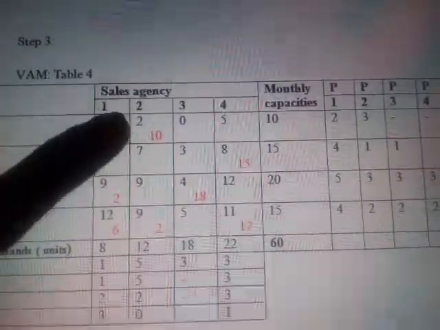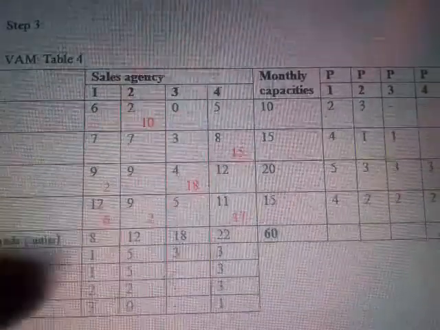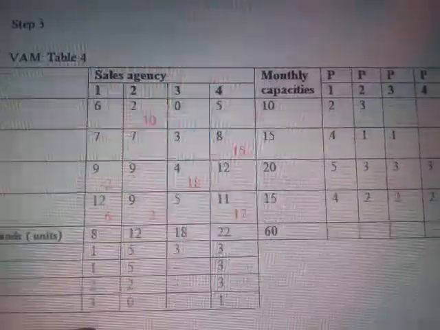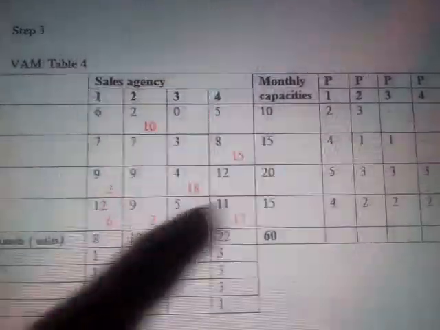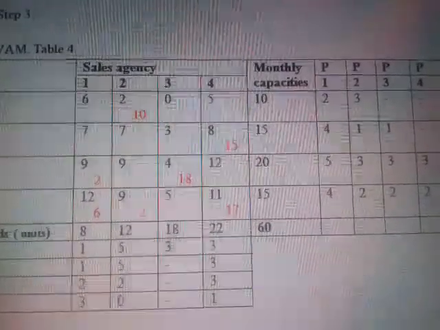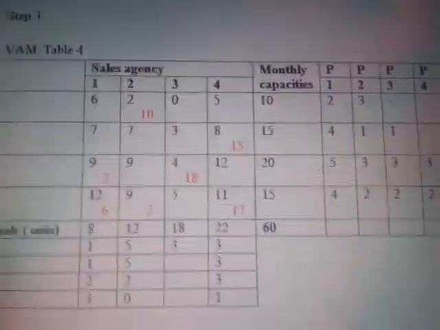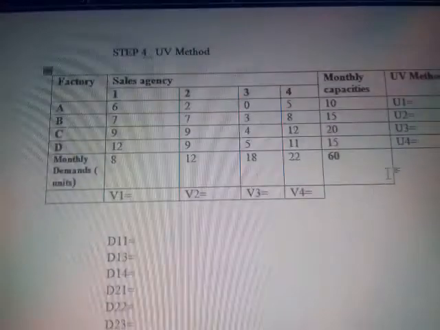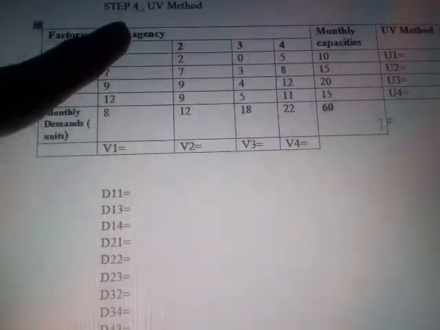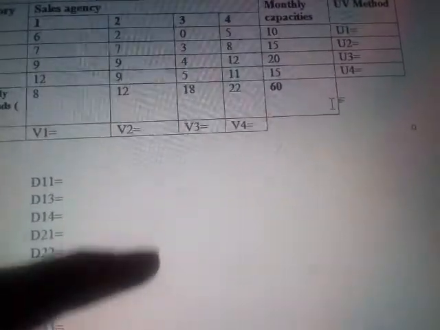But this given problem is non-degeneracy, so no need to add any delta value, okay. Take down this table. This is the VAM method, I have done the penalties and allocated. So the given problem is non-degeneracy. We checked by using our formula, okay. Then next step. So the next step is UV method, okay. Step 4 is the UV method. You know how to do UV method.